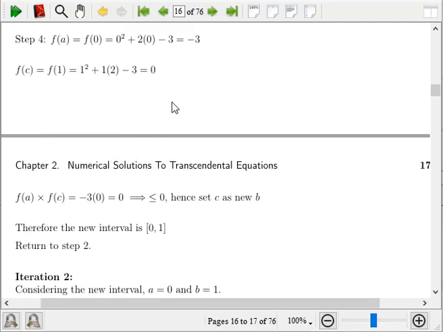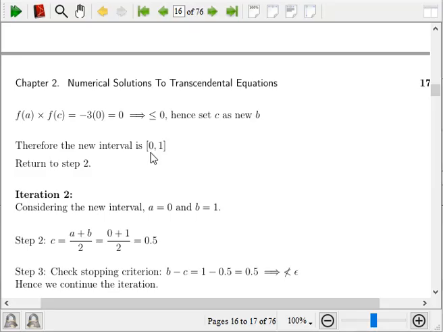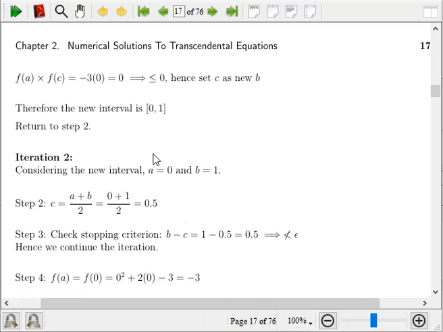Minus 3 times 0 is 0, and this implies that it's less than or equal to 0, which means the root lies between a and c. It lies in this interval. For simplicity, we set c as our new b, and hence the new interval is 0 and 1. Remember, a is 0, c is 1. So this becomes the new interval for the next iteration.